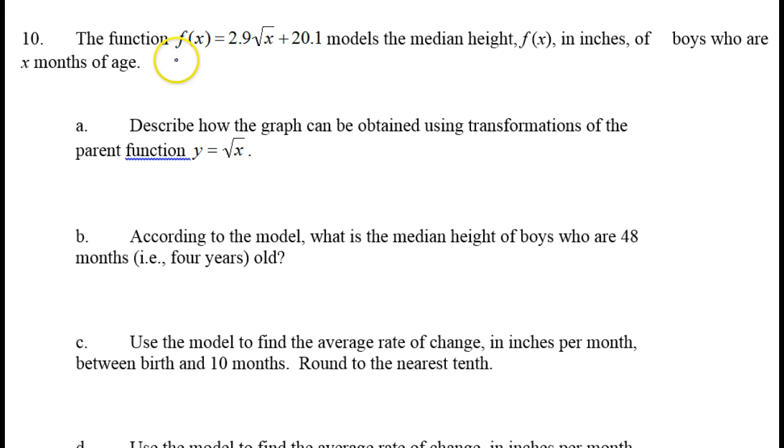So this equation will give us the height of boys where x is their age in months, which is usually how we talk about babies. So inches and months. So maybe we're talking about babies and little toddlers, little kids.